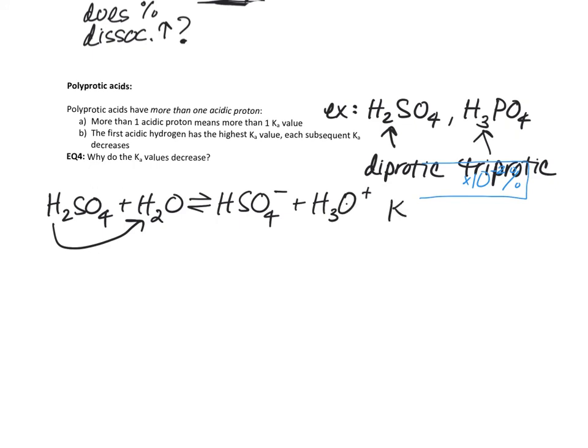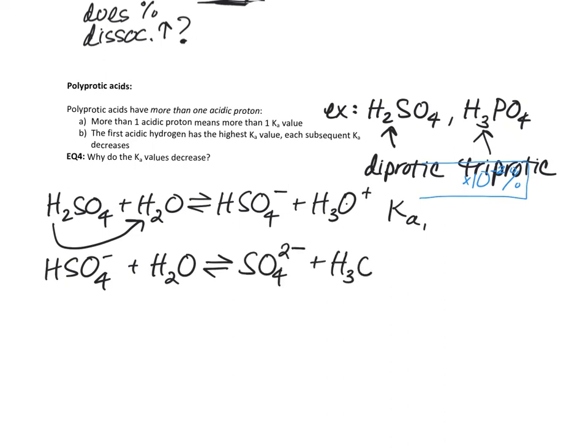This is referred to as Ka1, acid dissociation for the first hydrogen. Then a second dissociation will happen. Hydrogen sulfate will react with water to form sulfate and hydronium. This is referred to as Ka2.